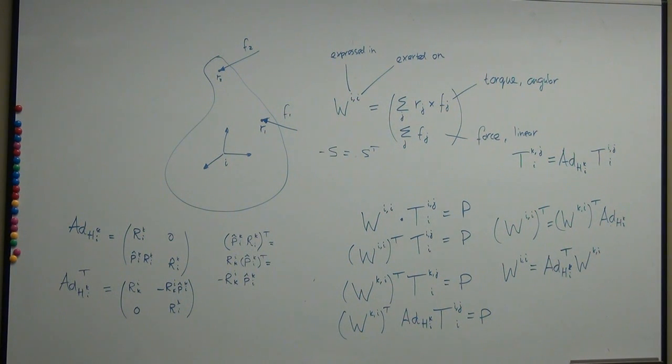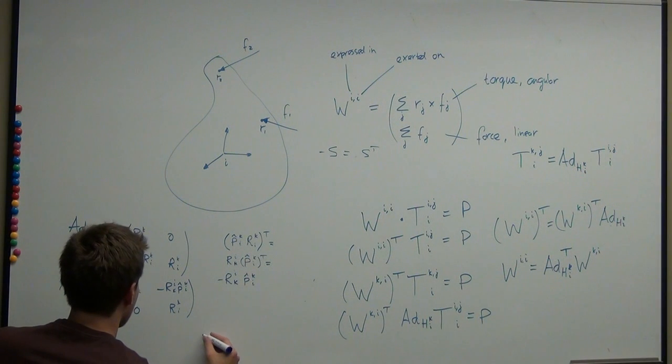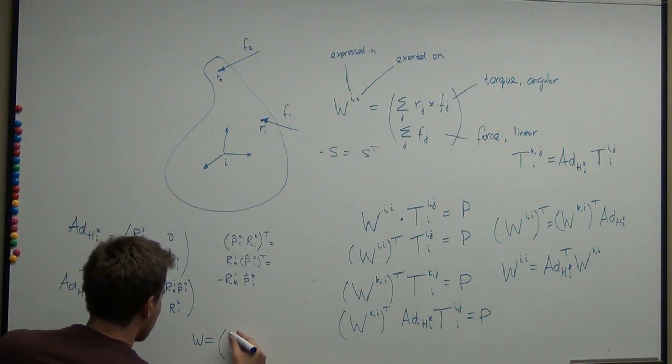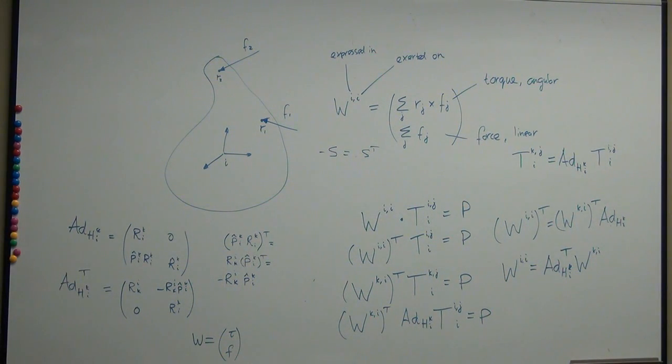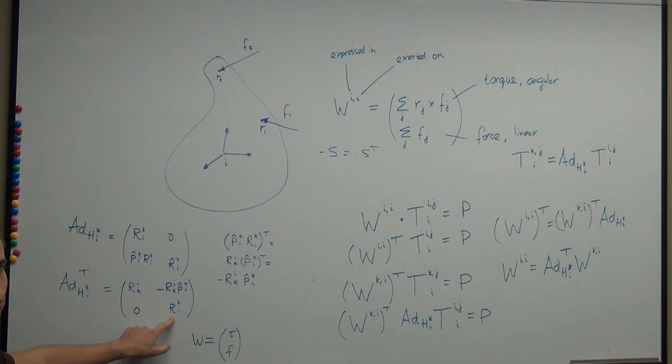So what happens if you post multiply a wrench? A wrench is, let's just do tau and F, so the torque part and the force part. If you post multiply a wrench, then the force part is just rotated. Whereas previously with the twist, the part that was just rotated was the angular part, here it's the force part that's just rotated.